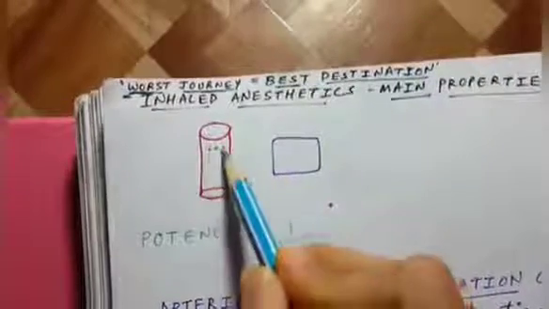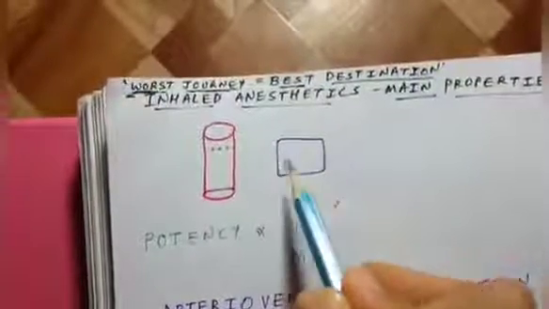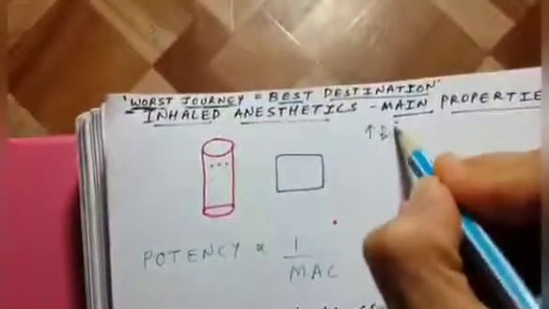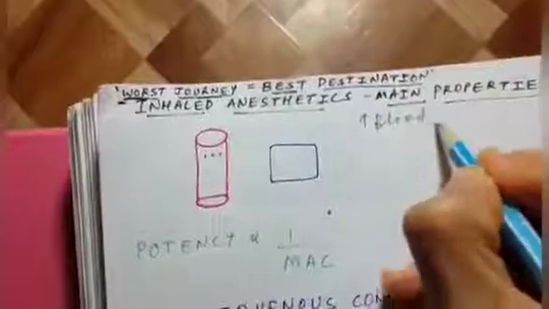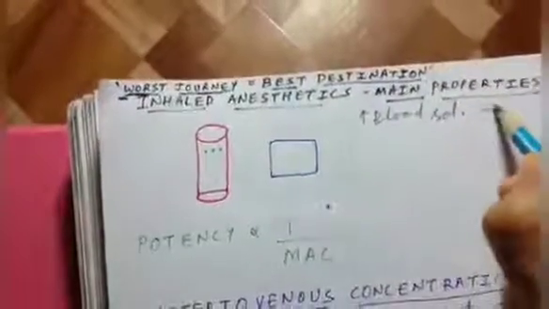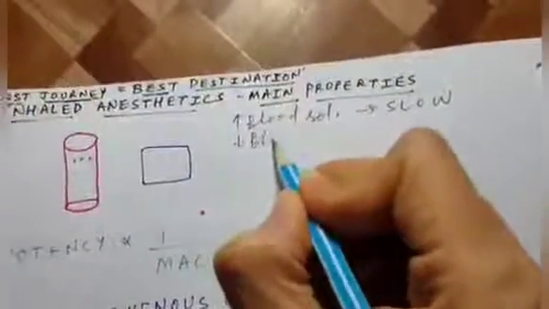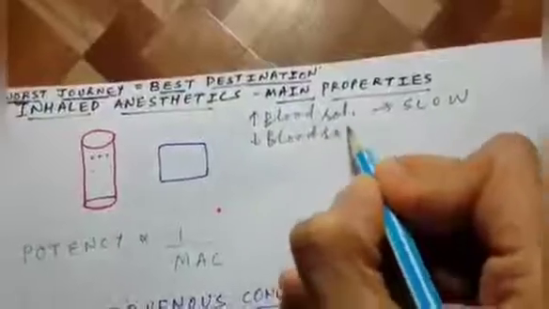It will leave the blood vessel and the onset of action will be fast. So if there is increased blood solubility, then the onset of action will be slow, and if there is decreased blood solubility, then the onset of action will be fast.